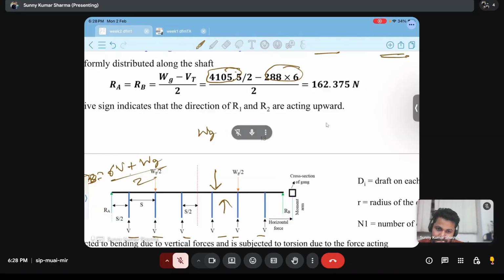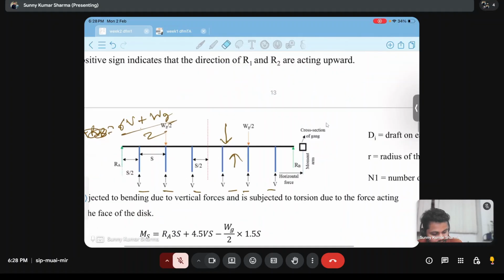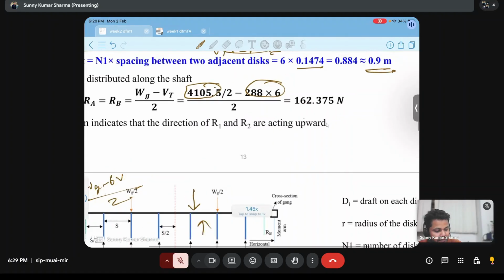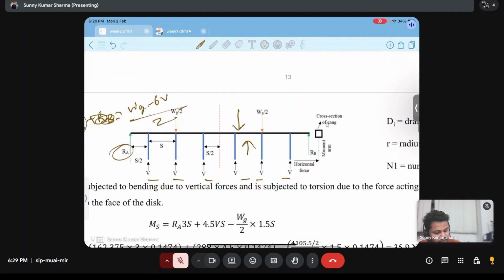No, sir. Okay. So it will not be 6V plus WG. It will be WG minus 6V, this divided by 2. So this value is coming as 162.3 Newton.